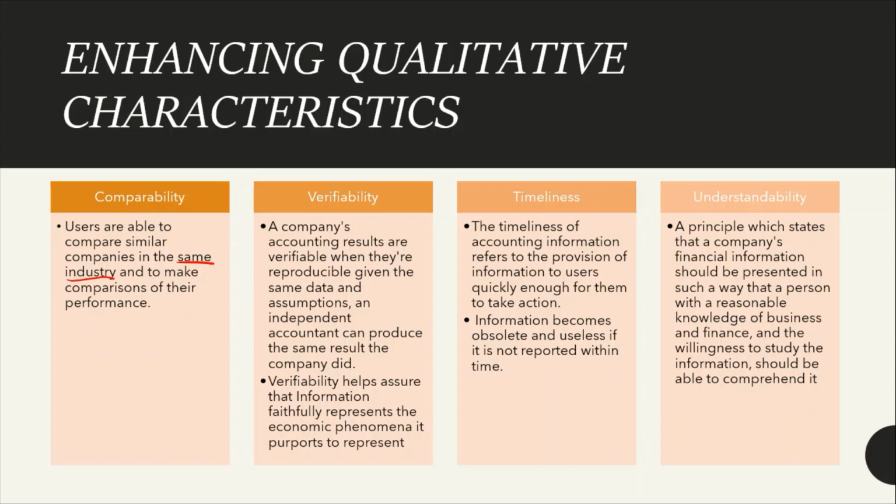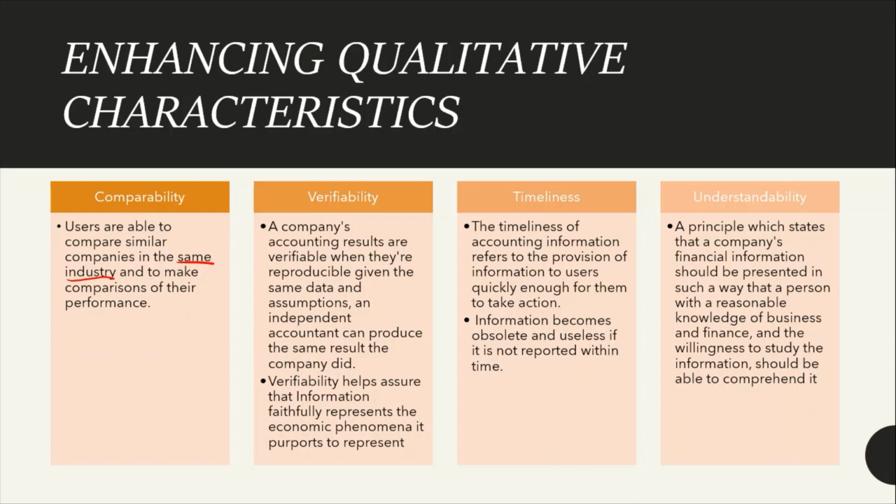So verifiability in simple terms is when the data is given to an independent or outside accountant, the accountant is still able to produce the same report, the same result, which means it can be verified that the report itself represents the business transactions, the business events in the year. So the report must be verifiable.